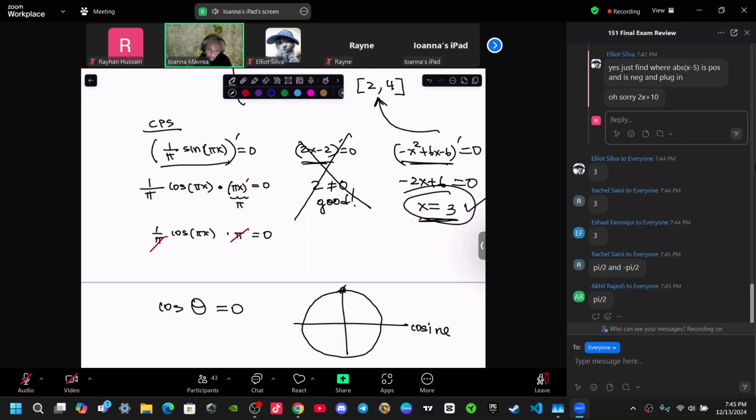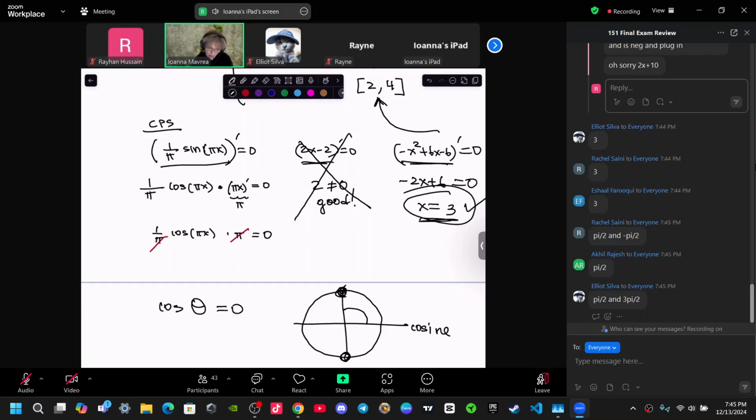Right, so it's equal to 0 here and here. So it's equal to 0 when the angle is pi over 2, negative pi over 2, pi, 3 pi over 2, those types of things.